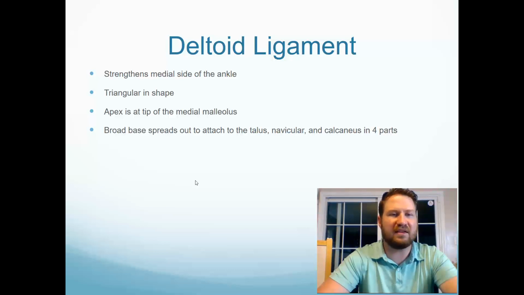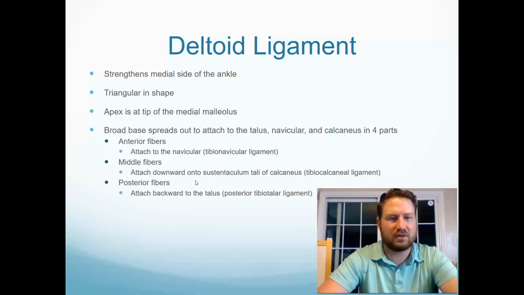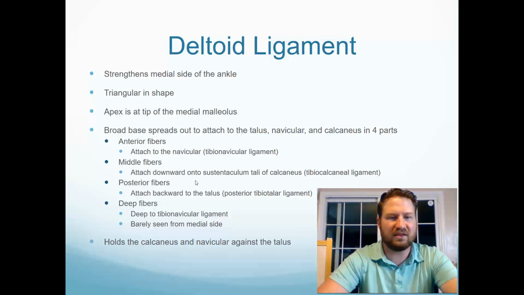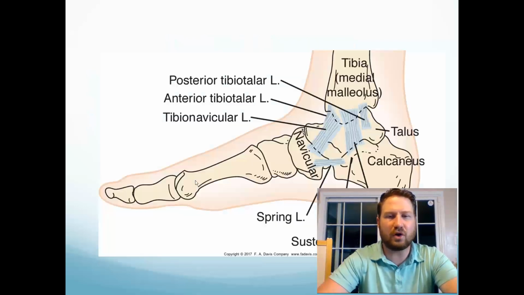Right? Apex is at the tip of the medial malleolus, and it has a broad base that spreads out to attach to the talus, navicular, and calcaneus in 4 parts. We have our anterior, middle, posterior fibers, and deep fibers. This holds the calcaneus and navicular up against the talus, and it helps to maintain the medial longitudinal arch.